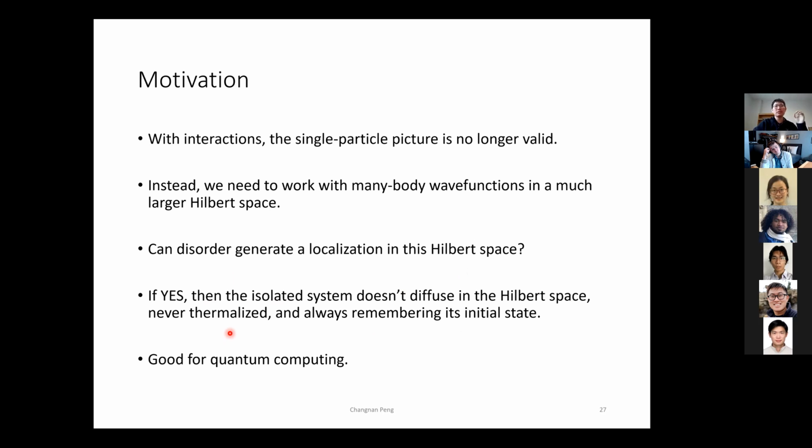So those systems never thermalize and always remember their initial states. If such a system exists, it will be good for quantum computing, because we don't want the thermalizing effect to happen too often in quantum computing. We want things to remember their initial state.